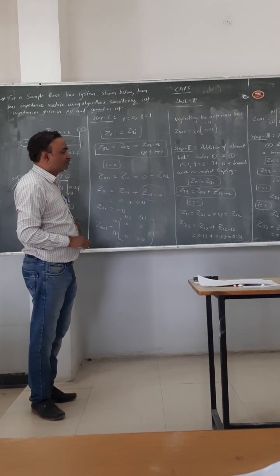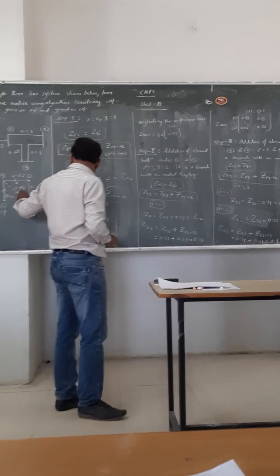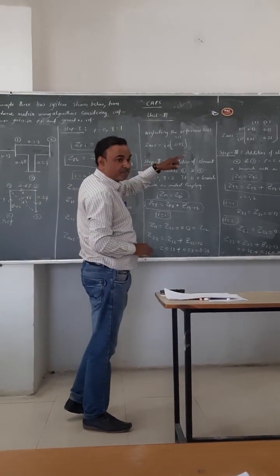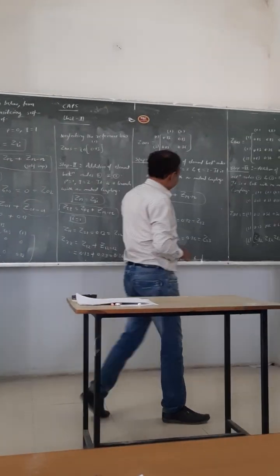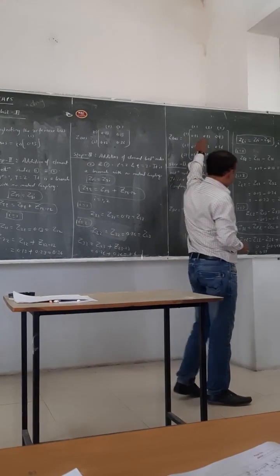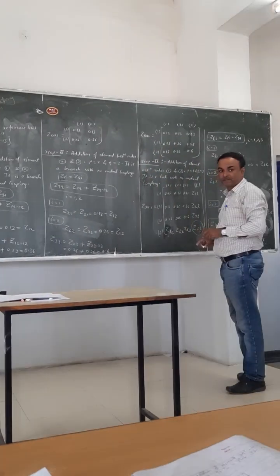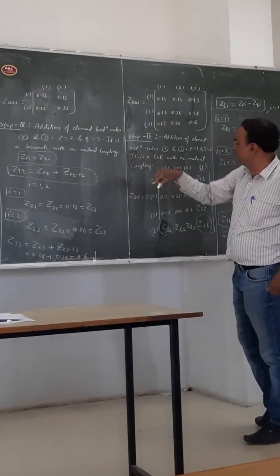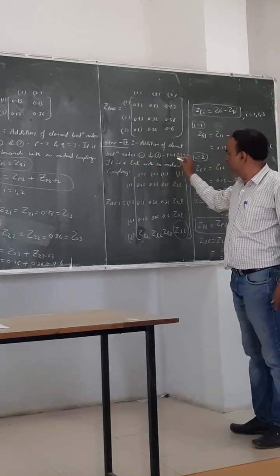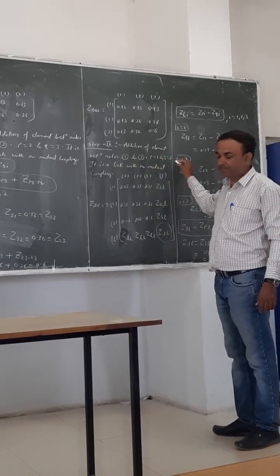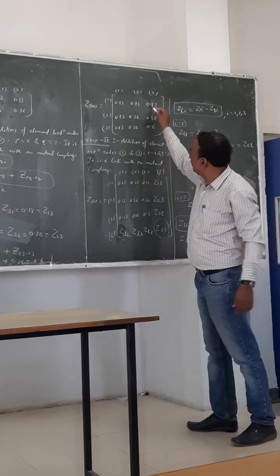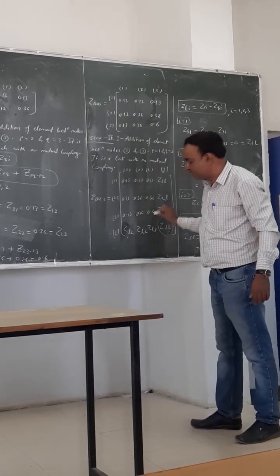Then at last, after evaluating all these values, we have added a link between the nodes 1 and 3. So P equal to 1 and Q equal to 3. So we have written this matrix as it is.